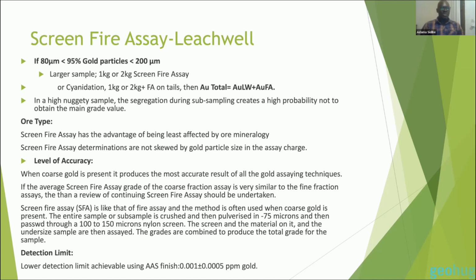For ore type, the screen fire assay has the advantage of being less affected by ore mineralogy. Screen fire assay determinations are not skewed by gold particle size in the assay cell. For level of accuracy, when gold is coarse or medium, it is better to use this method.